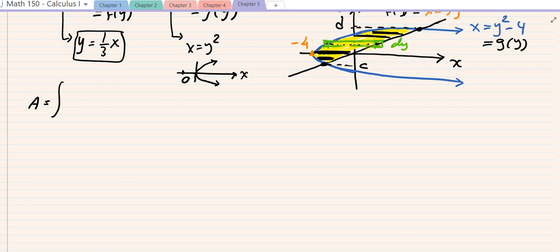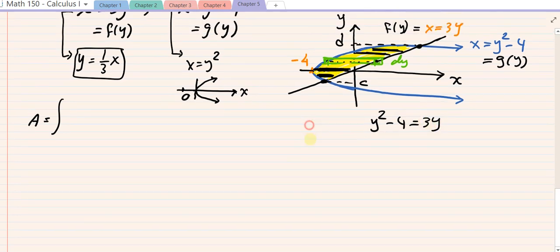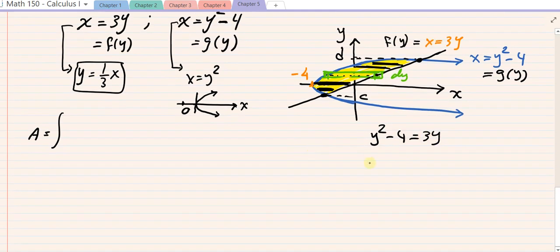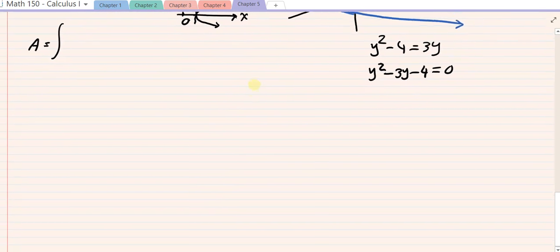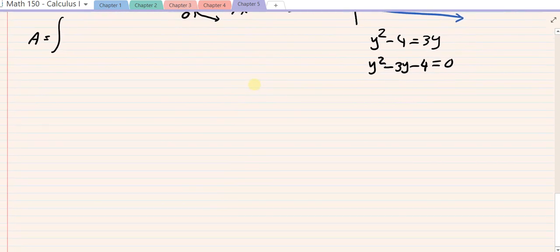Now, to find c and d, we need to set the two equations equal to each other. So I'm going to set the parabola equal to the line, which was 3y. We're going to end up solving a quadratic equation. For this quadratic equation, we can actually factor it: y minus 4 times y plus 1 equals 0.